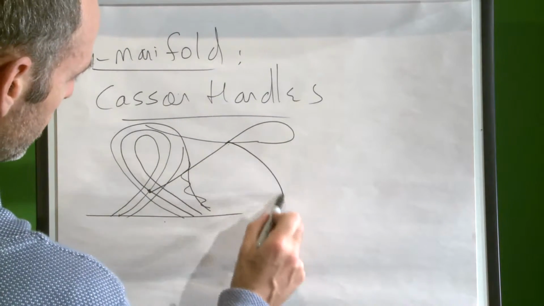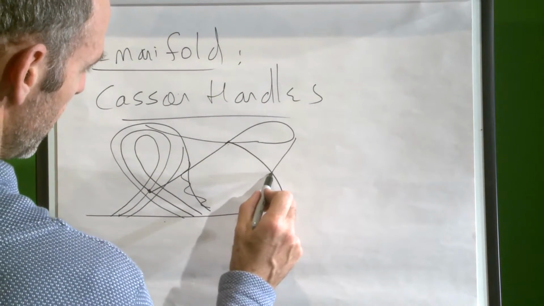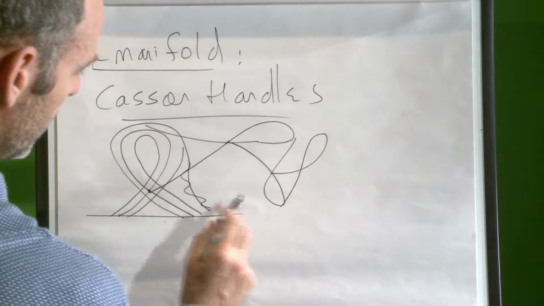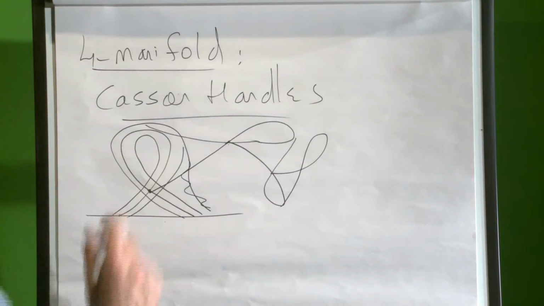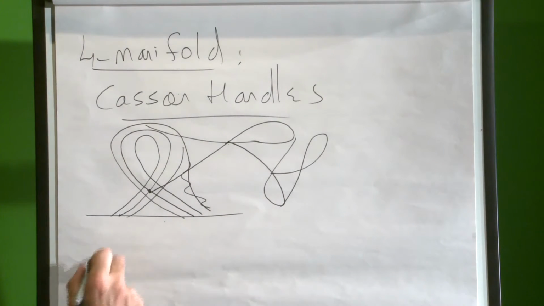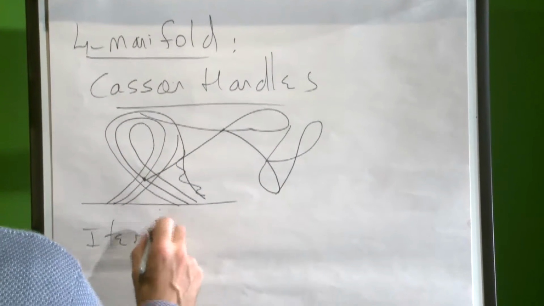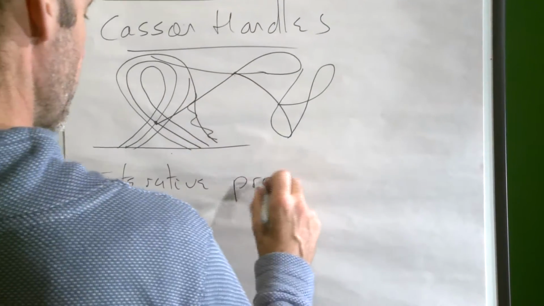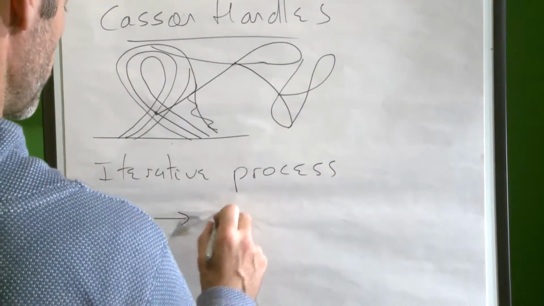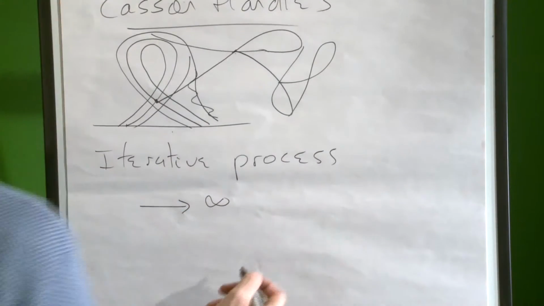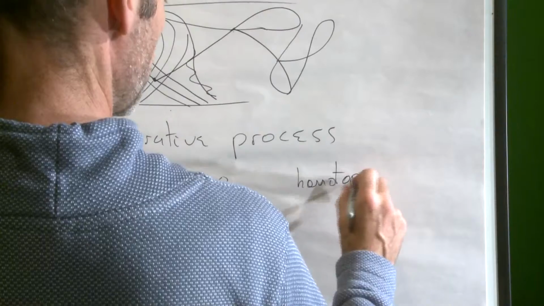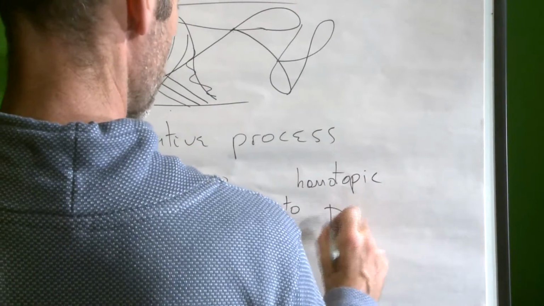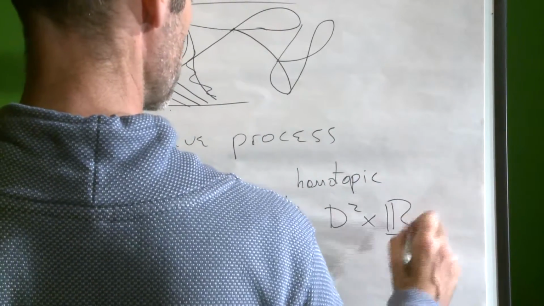And again, Casson's idea was to continue doing this, and every time you try to cancel a double point, you may introduce new double points. But in this iterative process, as you go to infinity, eventually the object that you get is homotopic rel boundary to a standard open two-handle, D2 cross R2.